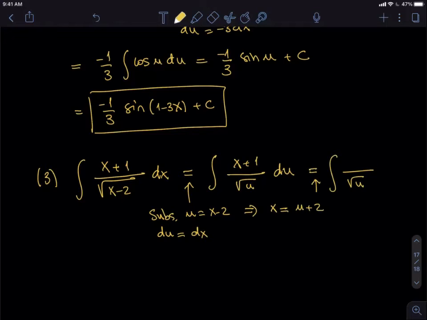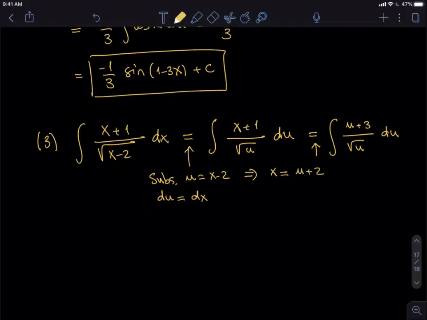With x equal to u plus 2, x plus 1 is u plus 3. And now we are good. Now we have all u's. Okay, so to compute this one is actually easy. We just break down the fraction.